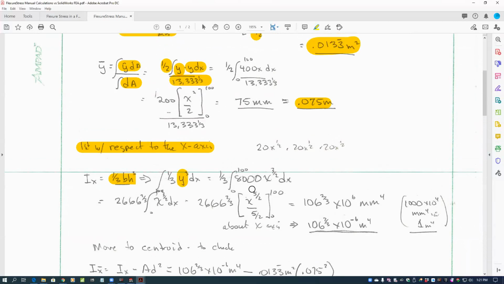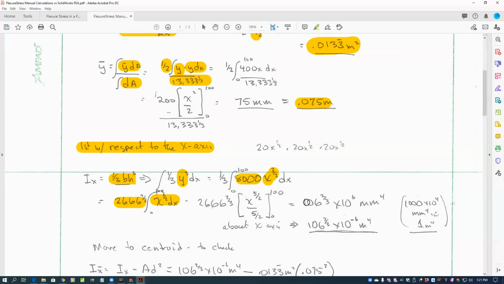And so that's 20 times 20 times 20. The square root of 400 is 20. And cube 20, we get 8,000. And then x to the 1/2 times x to the 1/2 times x to the 1/2 is x to the 3/2. And 1/3 of 8,000 is 2,666 2/3, x to the 3/2 dx.